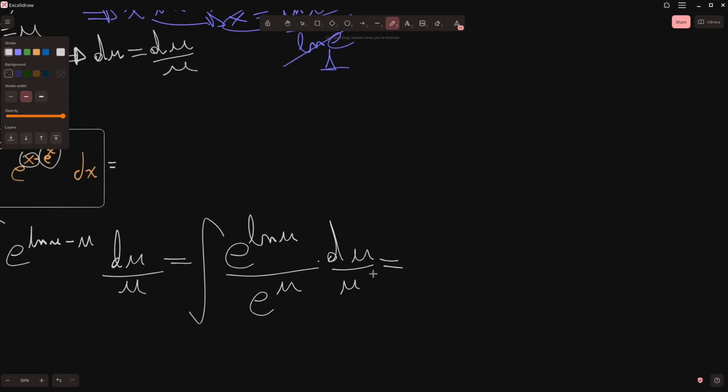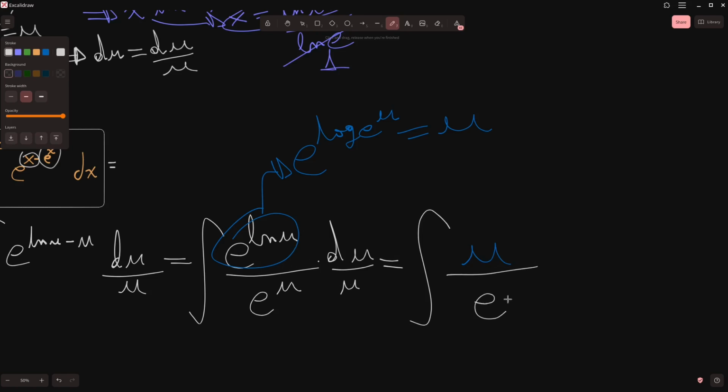And here we know this expression should be 1 because we got e to the log of u, like so. So this should be u, and we can replace this expression here. So it should be u over the integral of this over e to the u, du over u.